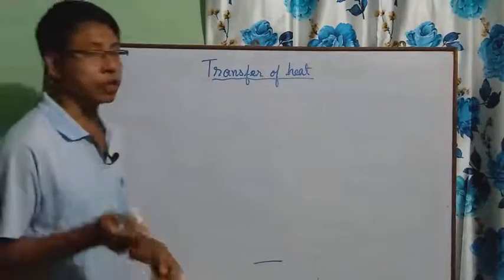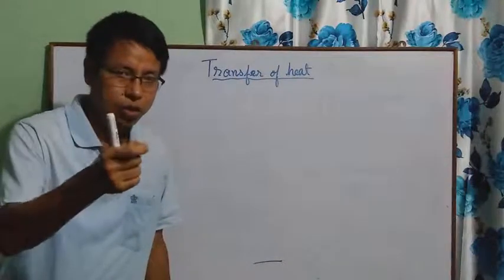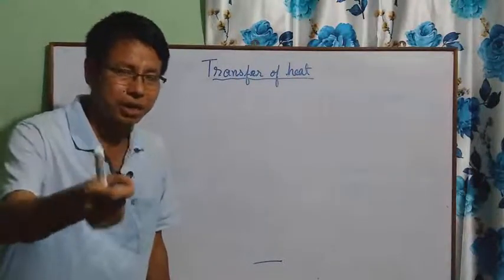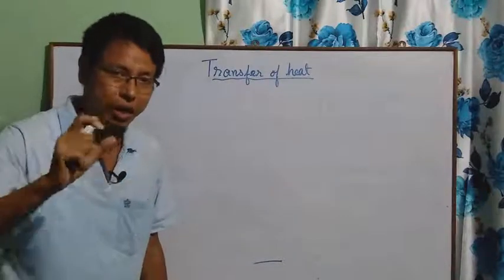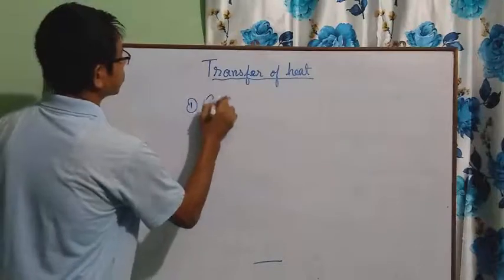The first one, when I hand over the book to the first bench student, then to the second bench student, and so on, in terms of heat we call it conduction.